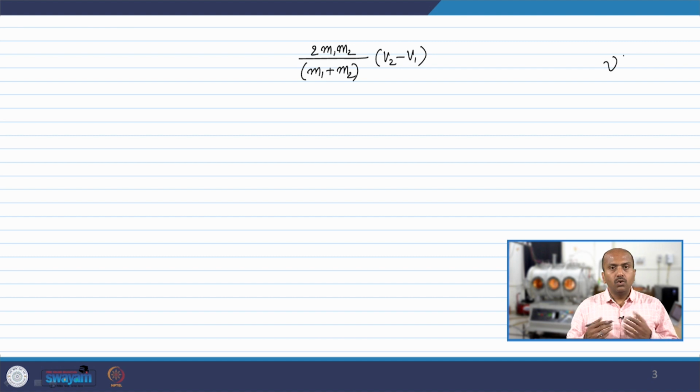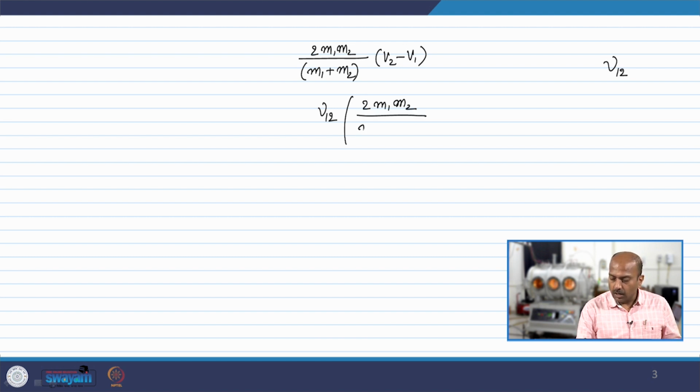There are nu number of collisions per unit time. This is the frequency of collision of 1 with 2. Then, if there are nu 1, 2 collisions per unit time, the gain of momentum would happen at a rate of nu 1, 2 times 2 m1 m2 divided by m1 plus m2 times v2 minus v1.